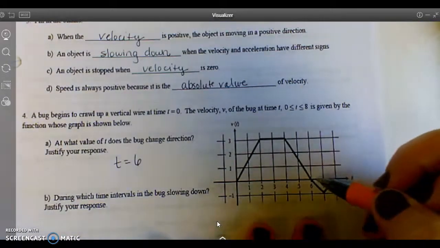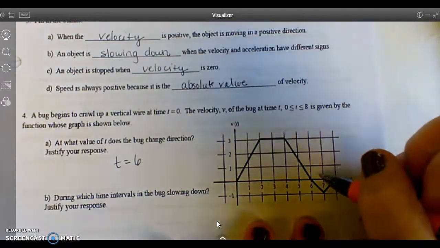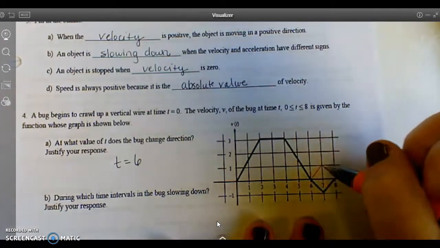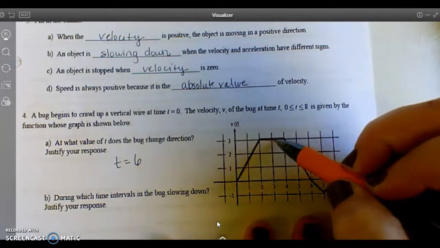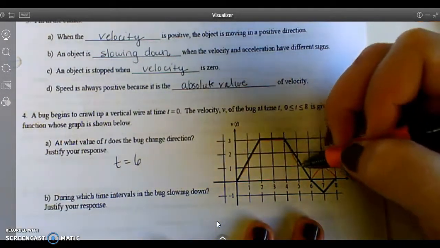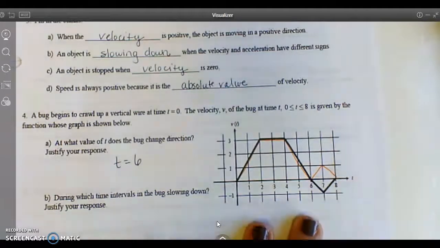The speed graph is the absolute value of velocity, so any parts that are negative are going to come up. So speed is the same as velocity at first until 6, and then speed does this. This down here is velocity, the orange represents speed.